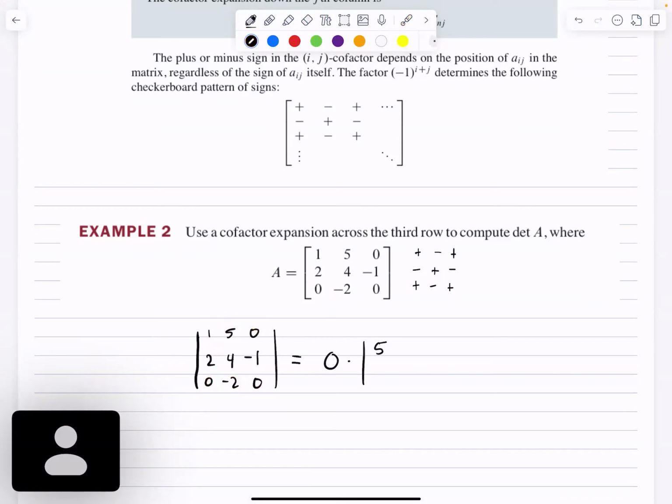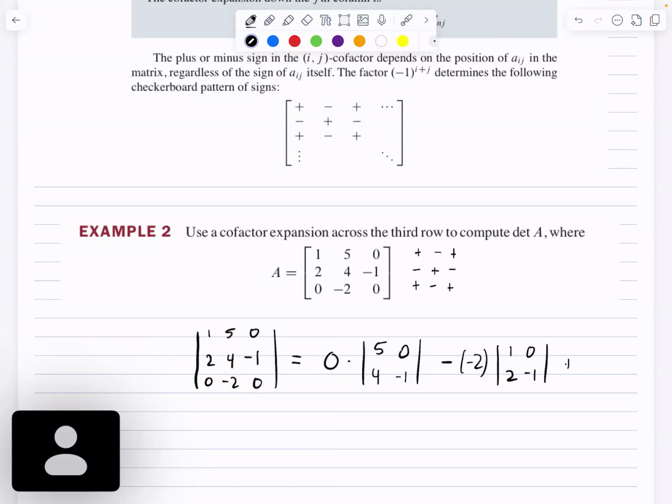And so it's 5, 0, 4, -1. And then it's going to be minus -2, which is the second entry. So the second entry, blocking out his column and his row, I get 1, 2, 0, -1. So I'm going to take the determinant of 1, 2, 0, -1.